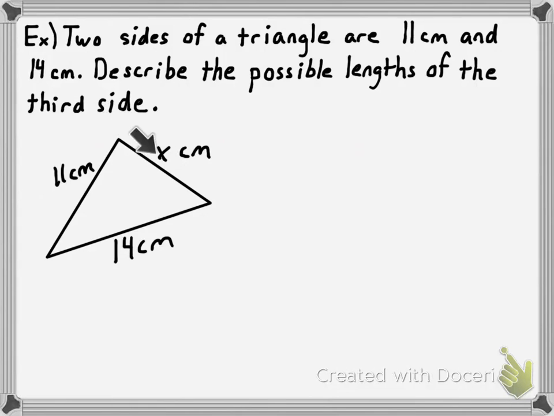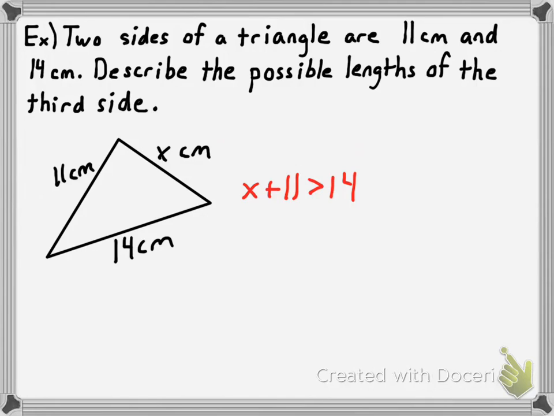Now, in order to figure out what the possible values of x are, we don't know it. This could vary in length. We need to just basically use the fact that if you add up any two sides of the triangle, the sum of their lengths has to be greater than the third side. And that will give us a few inequalities that will be helpful. For instance, if I add up x and 11 together, well, that sum has to be greater than 14, doesn't it? I'll come back and solve that inequality in a moment.